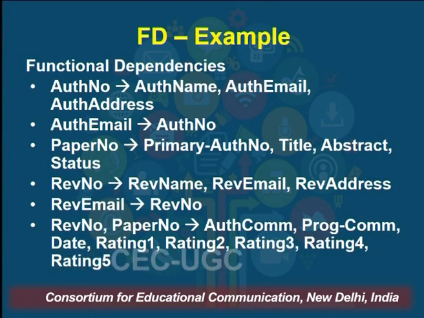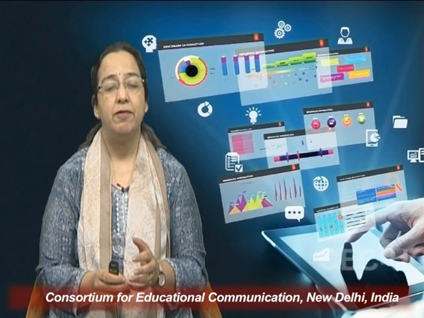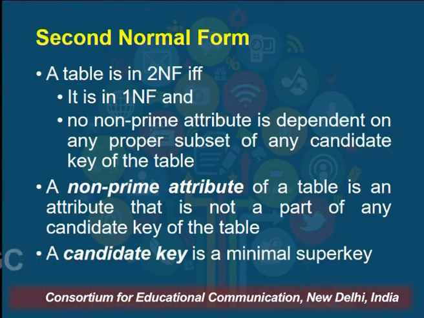Now here we need to see what functional dependency exists between a candidate key and a non-prime attribute. That has to be taken care of when we talk about the second normal form, because the second normal form says that the first thing we need to ensure is that the table should be in the first normal form, and any non-prime attribute should not be dependent on the candidate key or any proper subset of the candidate key.